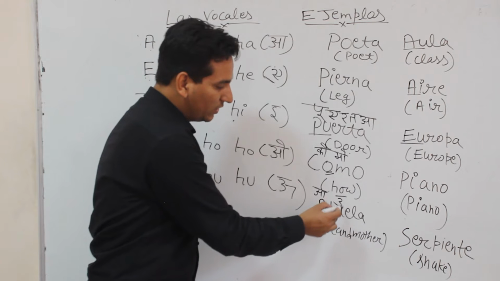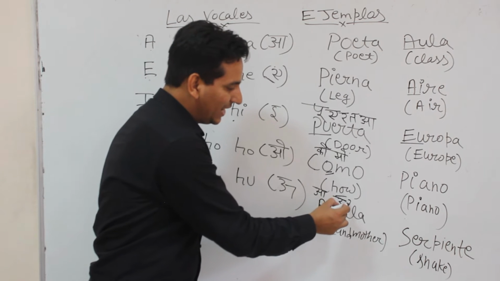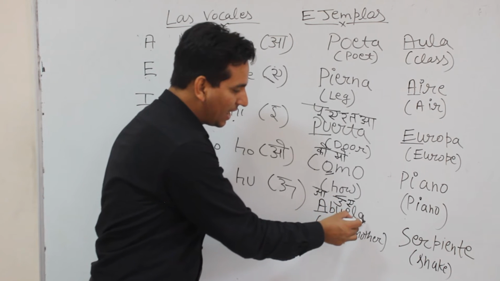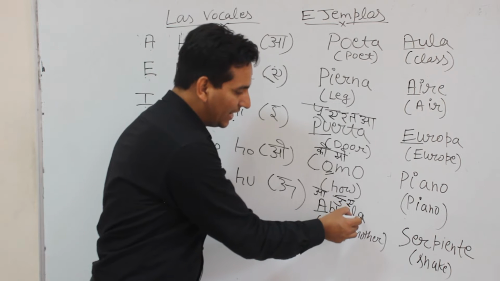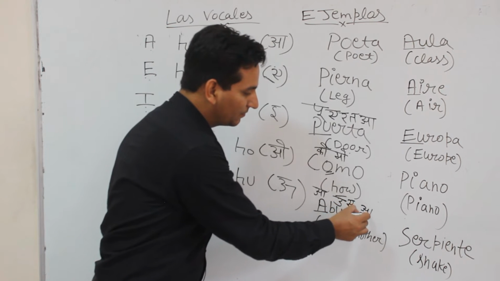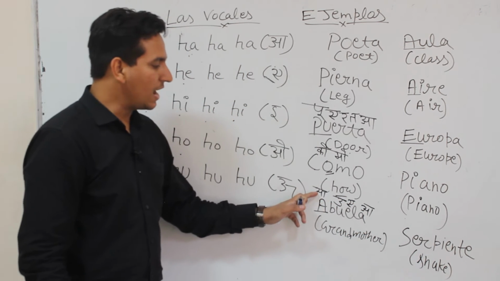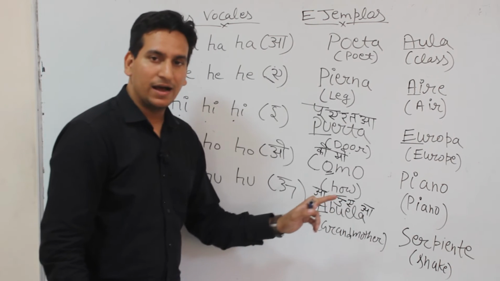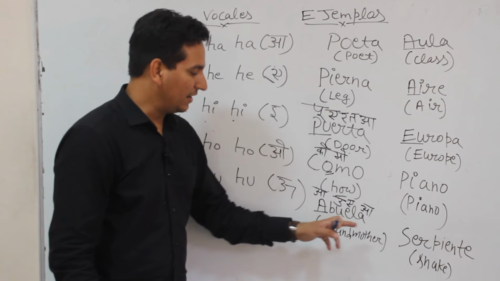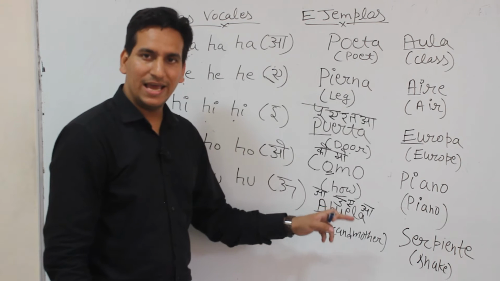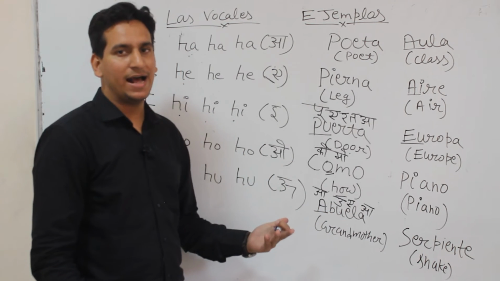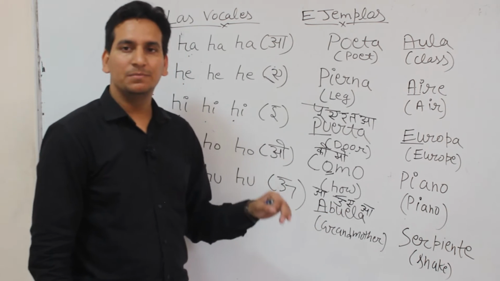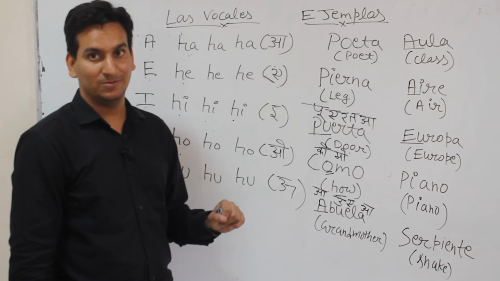So A is A, U is U, E is A, and last we have A, which is A. So abuela. Abuela becomes abuela, which means grandmother in Spanish.